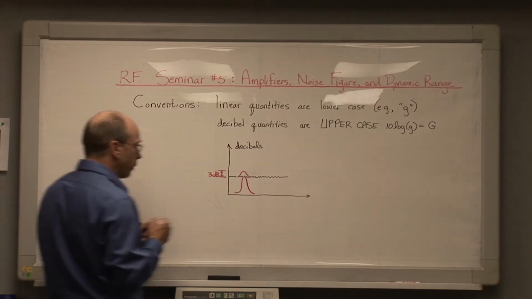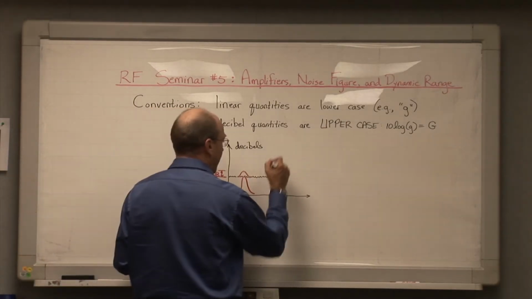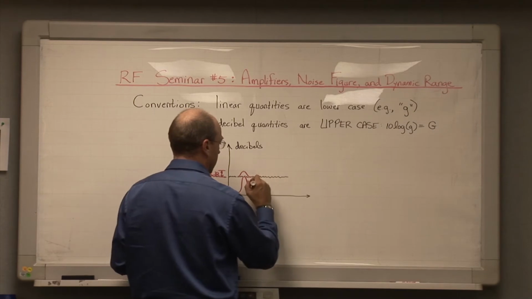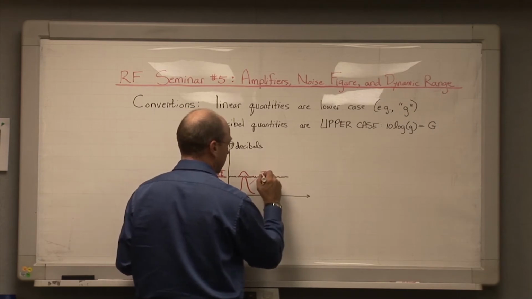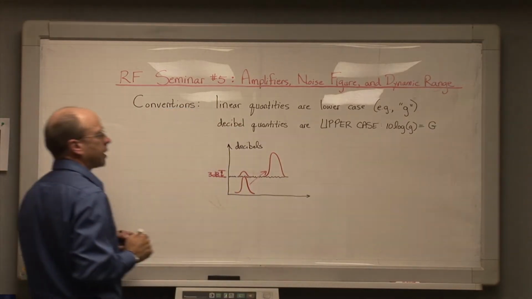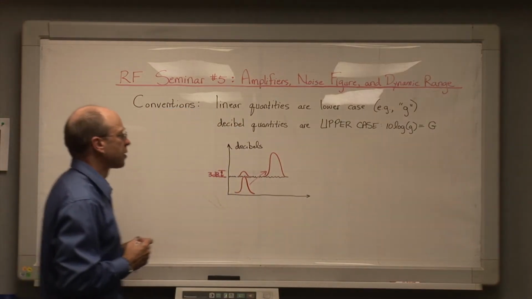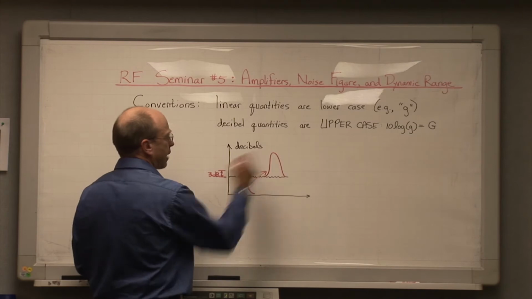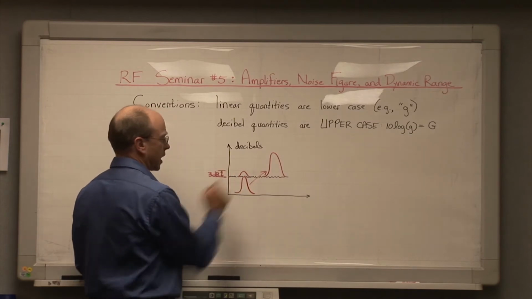Now, what we'd like to do is be able to do a measurement on this signal in which we see the signal itself roughly, say, 10 or 20 dB out of the noise. This allows us to more easily do an accurate power measurement without having to do this kind of little correction.